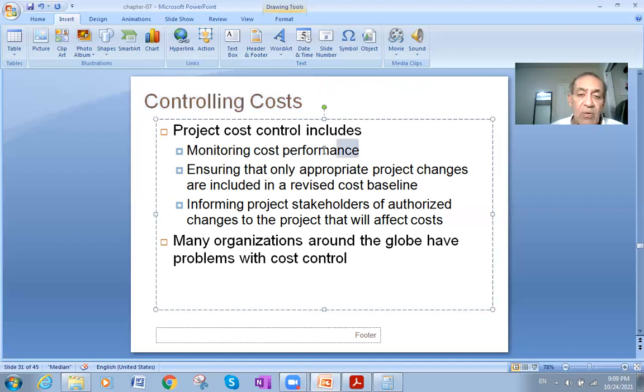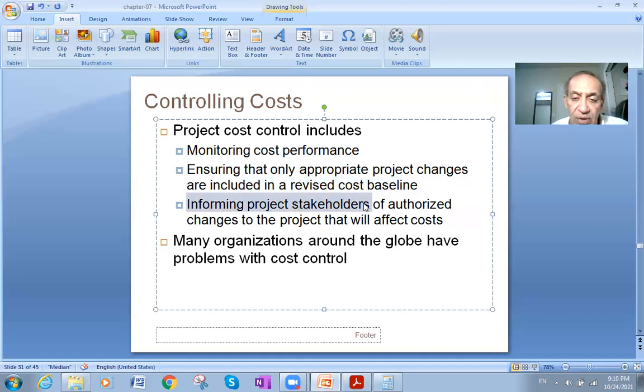So what we have to say here, that the project cost control includes what? Monitoring cost performance, ensuring that only appropriate project changes are included in a revised cost baseline. So we'll make sure that everything is in its place.